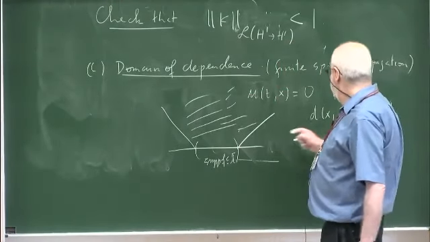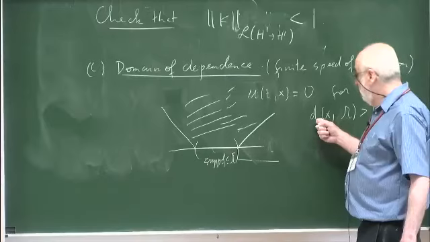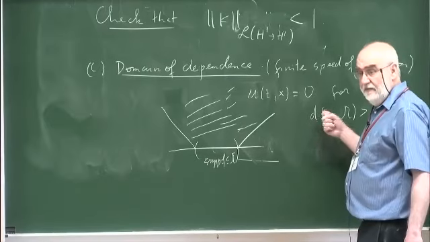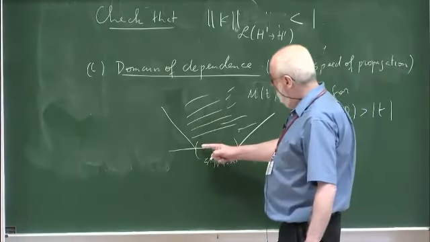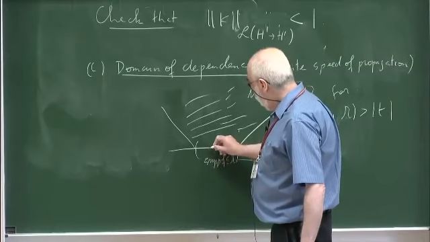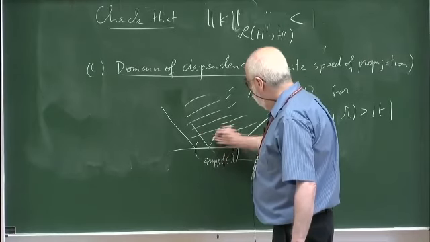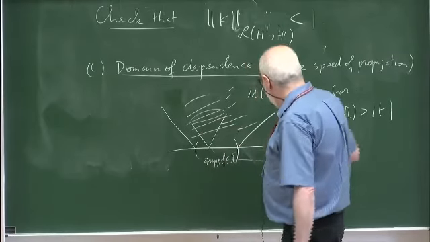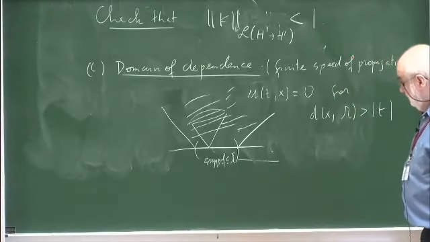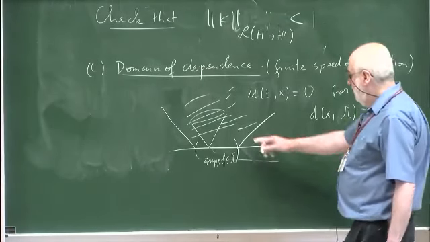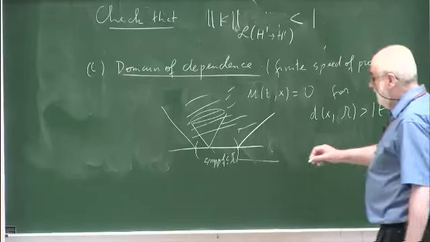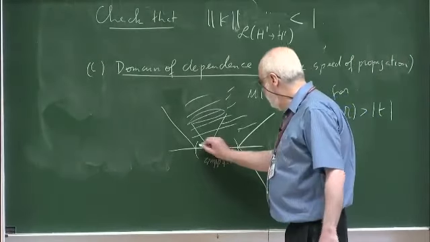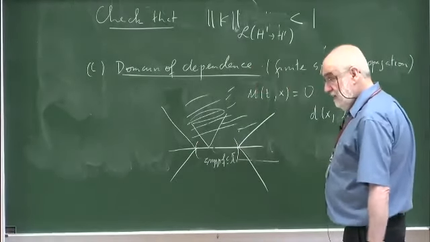In the general case, when you have a sound speed, the distance is different. Remember, I defined the distance with respect to c before. So this will be coming from the light cones associated to the speed c. So it will be 0 here for distance bigger than modulus t. We're taking time positive only, but if you take time negative, it will be 0 there too.